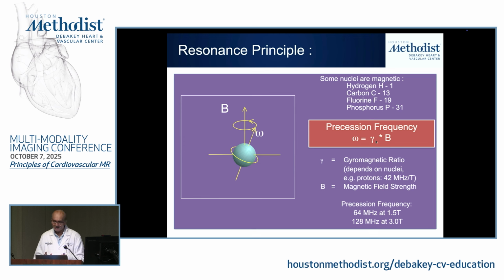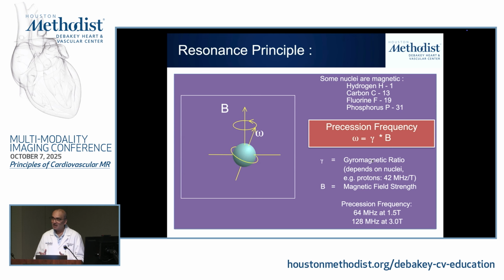What it basically says is that when you put protons into a magnetic field, the frequency that they spin at, this precession frequency, is equal to a ratio called the gyromagnetic ratio multiplied by the magnetic field strength. That ratio is specific to each element.